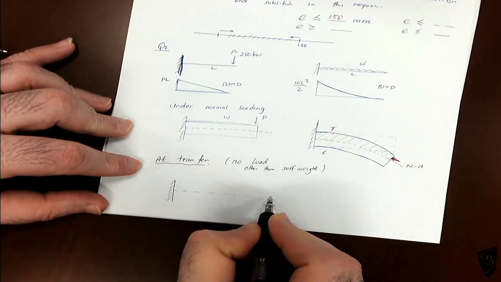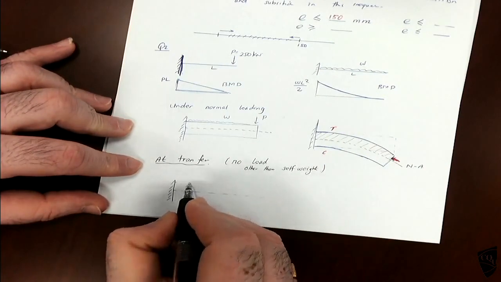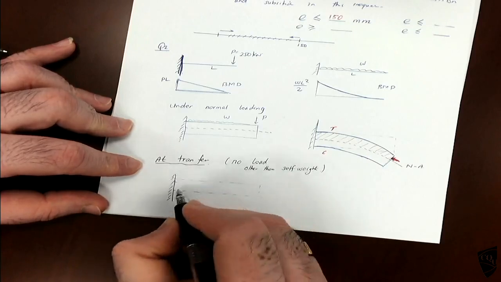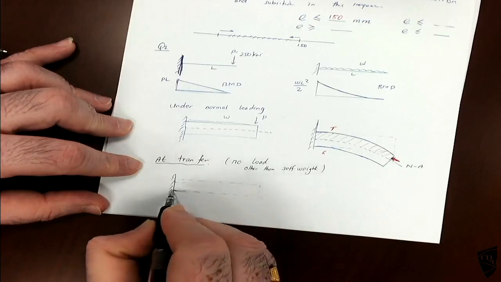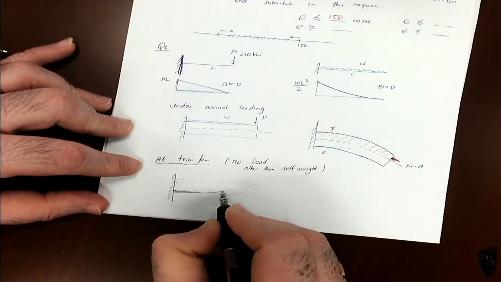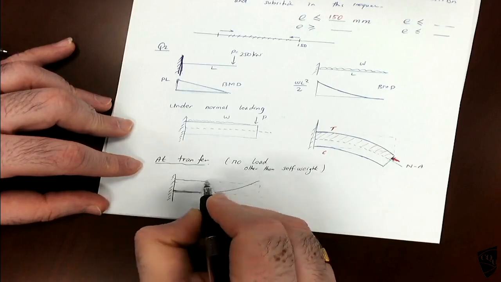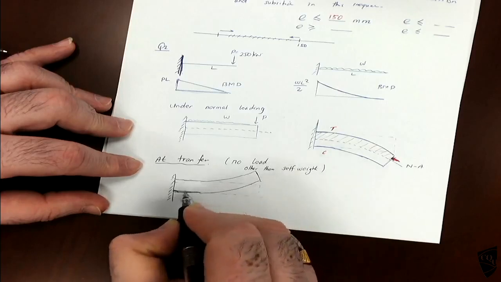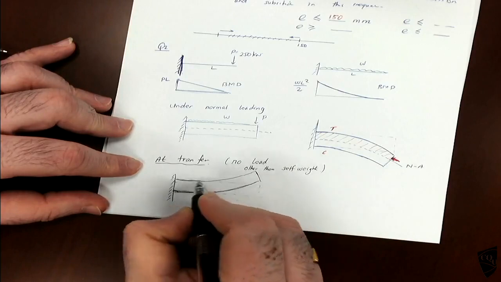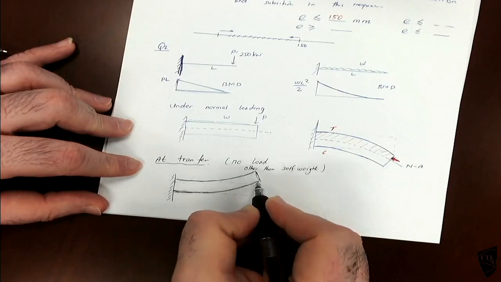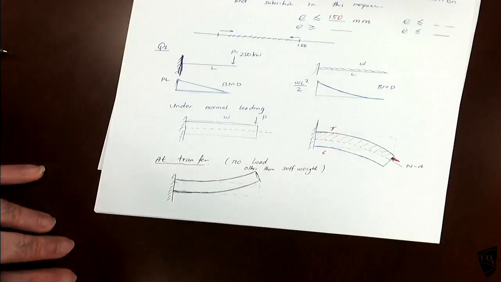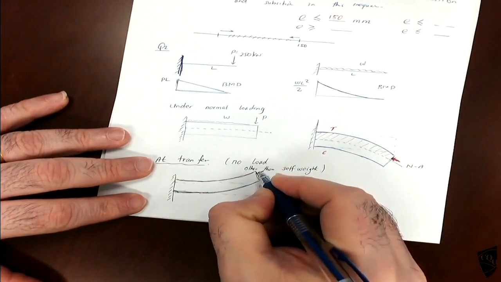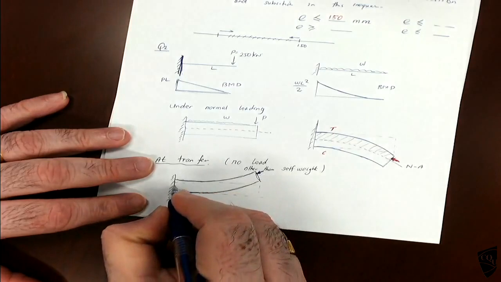It will bend in the opposite direction because we apply the pre-stress on the top zone.